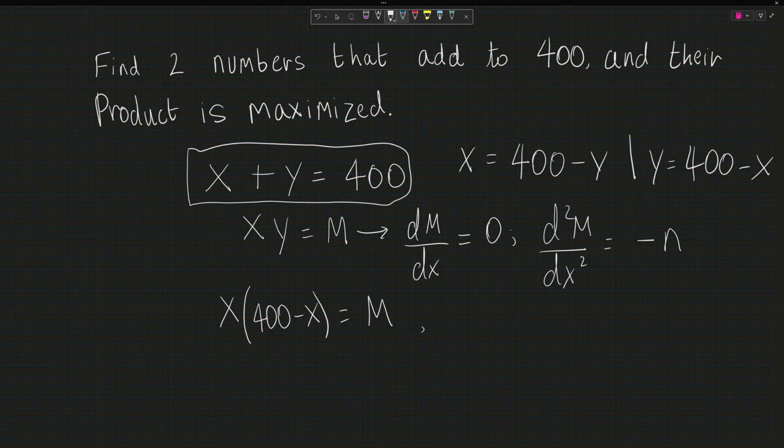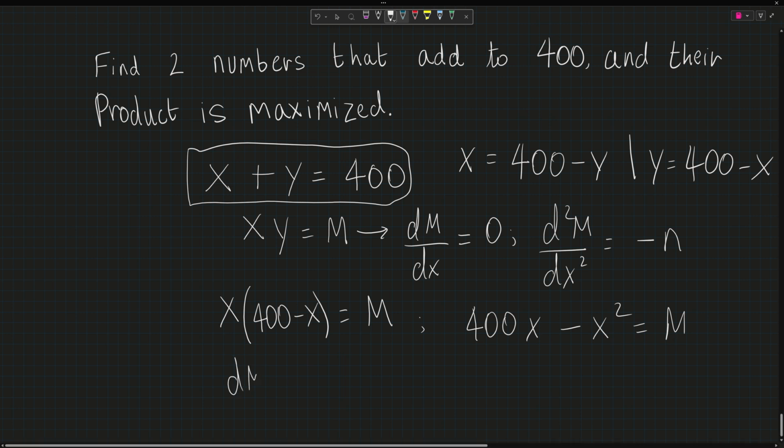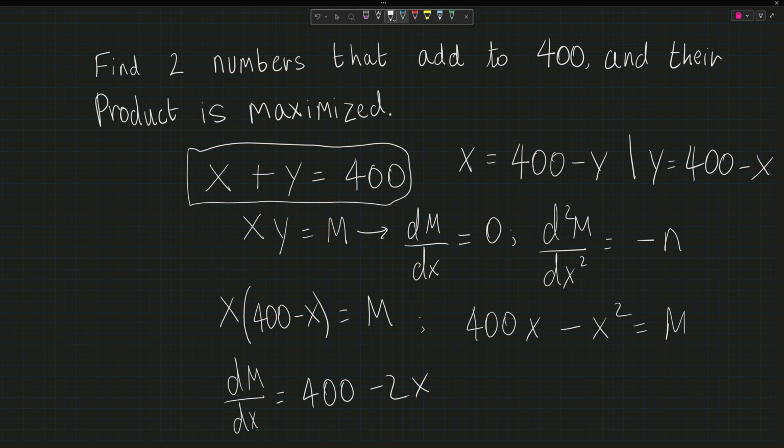So let's call this 400x minus x squared equals m, and dm over dx equals, basic power rule, 400 minus 2x. Now, this is equal to 0. So all we have to do is solve for x. And from this, you can see that x equals 200. And that's our answer.